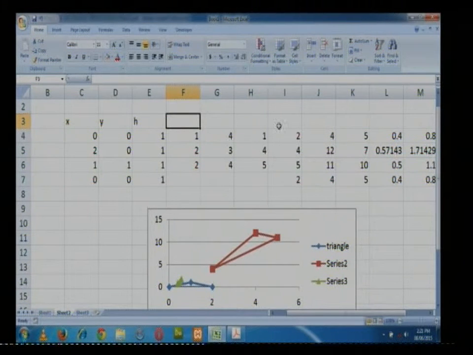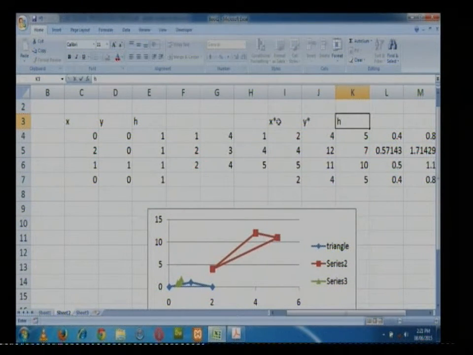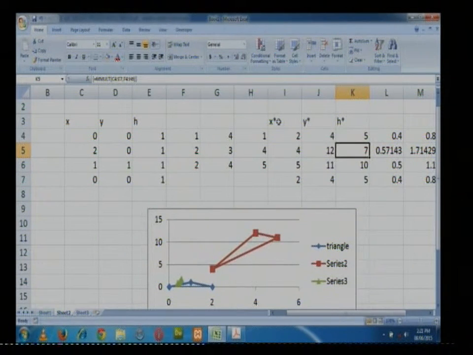This is also a shifted value. This is x star. You see, corresponding after multiplication, these are x star, y star, and h star. Now, these values are not 1, they are 5, 7, 10, 5.